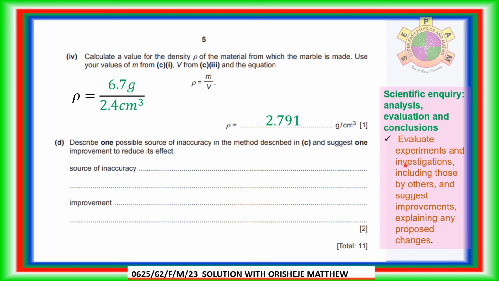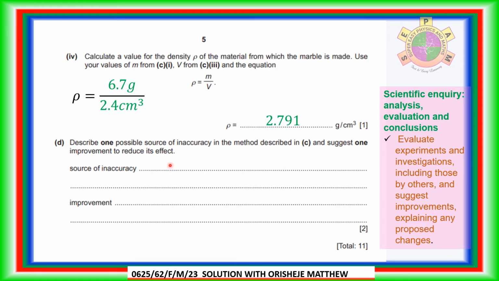Under this aspect of the course, you are expected to evaluate experiments and investigations, including those done by others, because this one is done by the examiner, and suggest improvements, explaining any proposed variation that you can make to the setup.